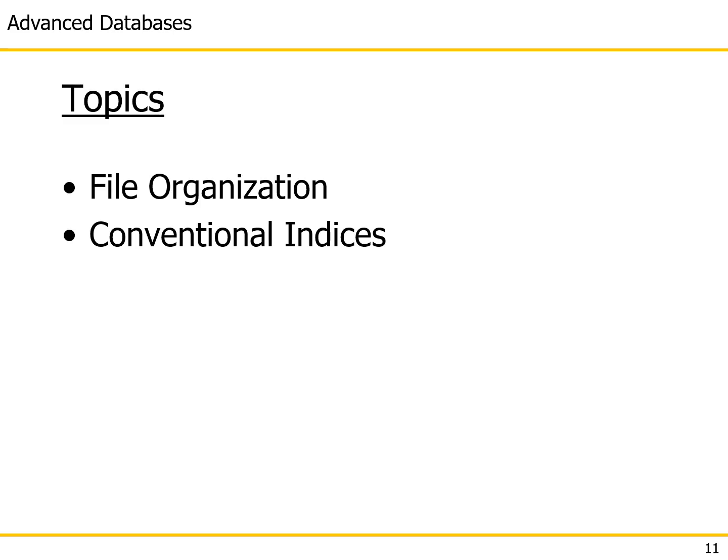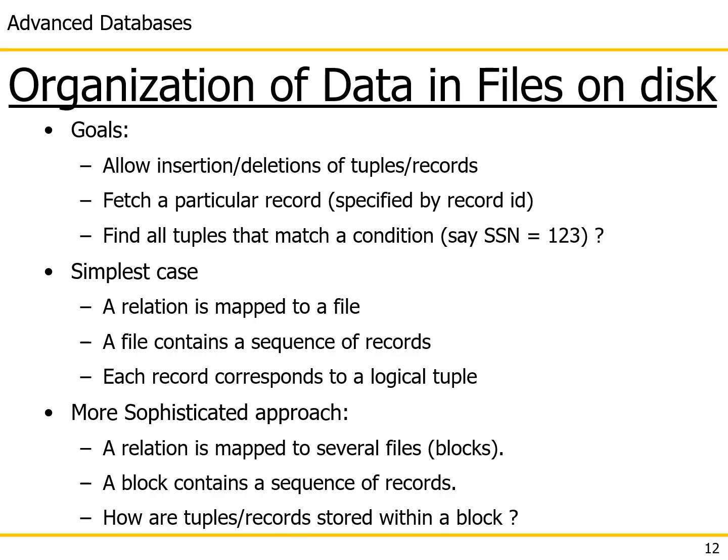So let's start. Let's try to understand how we will store data on disk. To do that, let's first understand what we are trying to achieve. You have a schema consisting of many tables.